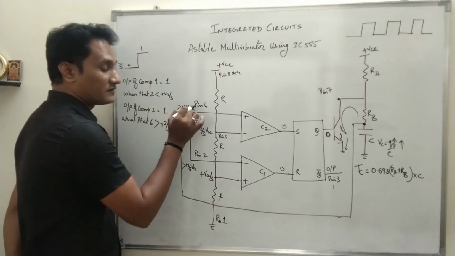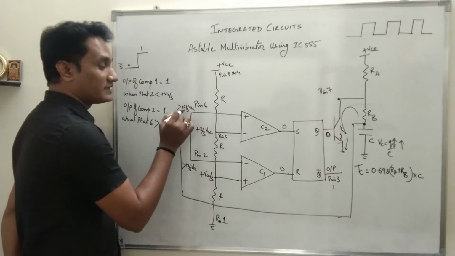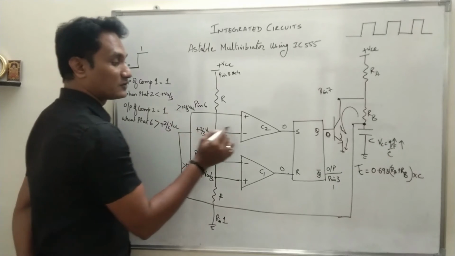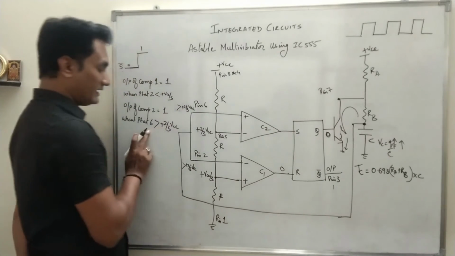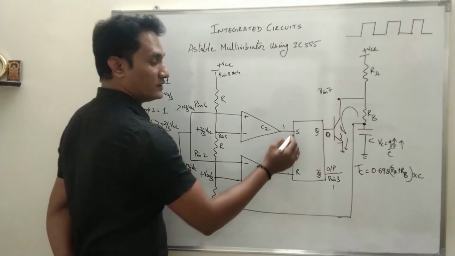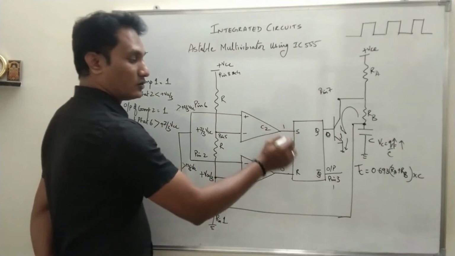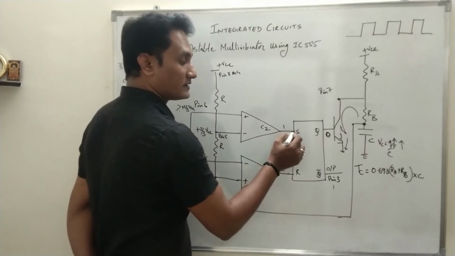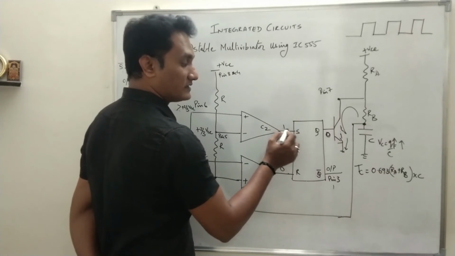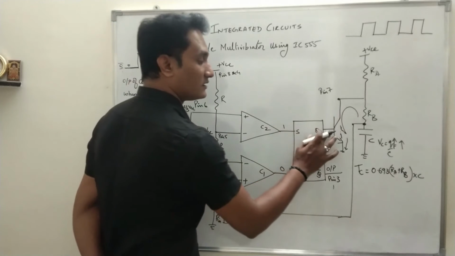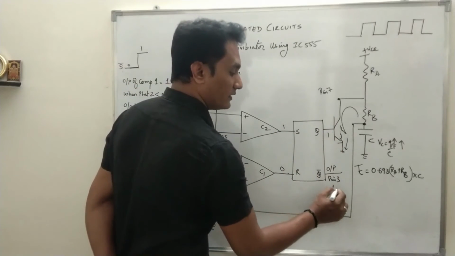Here now in case of second comparator, potential at pin number 6 is greater than 2 VCC by 3. That's why the condition gets satisfied, and this is 1, which makes S is equal to 1, R is equal to 0. What is this condition? S stands for set. Trigger is given to S. S stands for set.